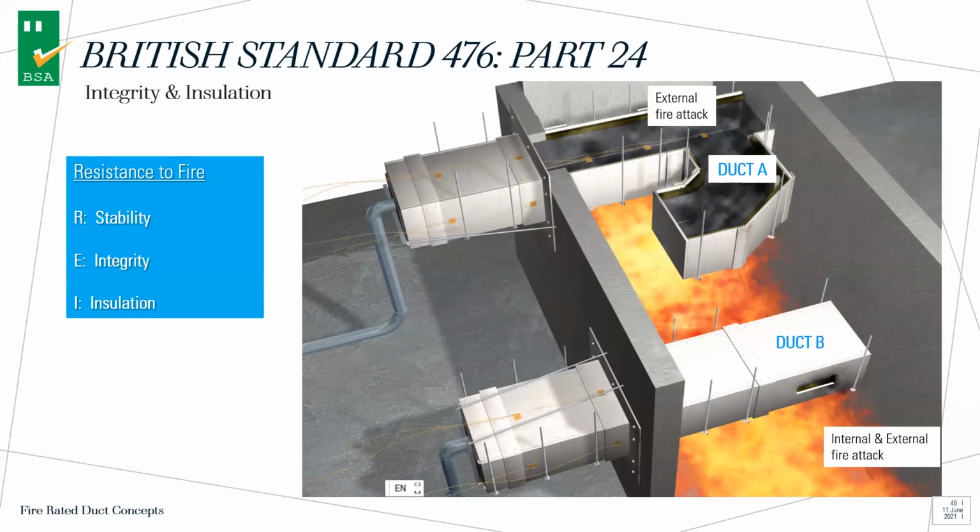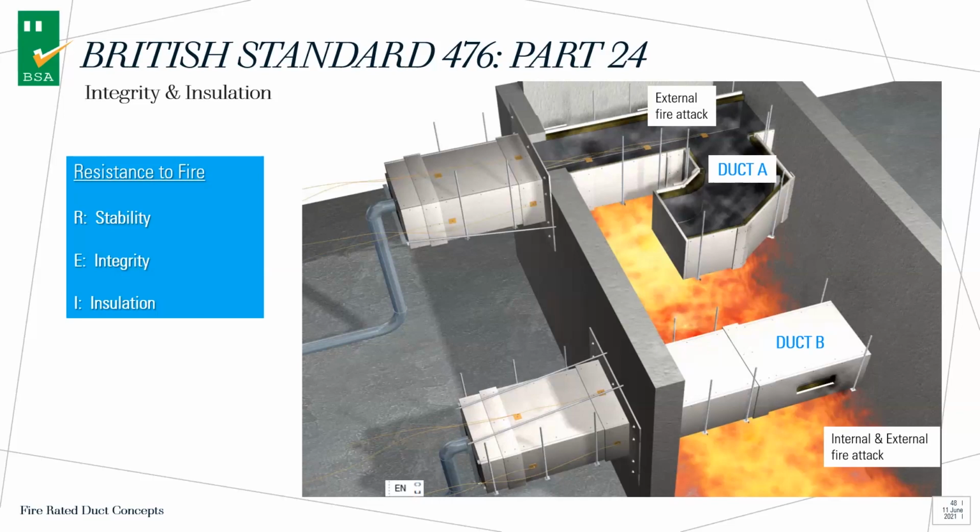One, duct A, where you prove the fire burning on the outside of the duct. In this test, the duct is connected to a fan, so it's real life; you don't have a duct with no air movement. It's probably introducing negative pressure inside the duct. And you have duct B, where it is being attacked by fire because of the opening, so there is internal and external fire attacking this duct B. So this is a way of testing and proving whether your duct is fire resistant or not.